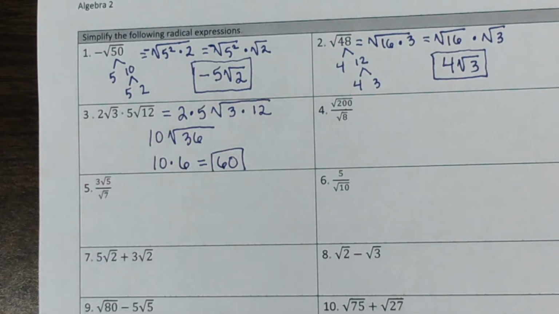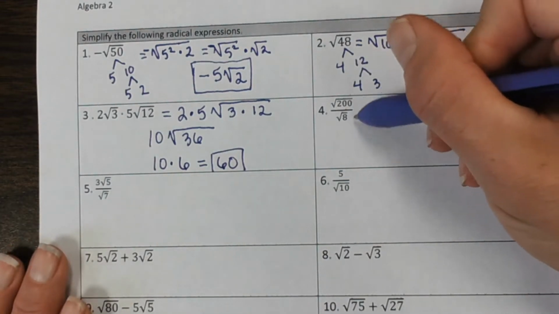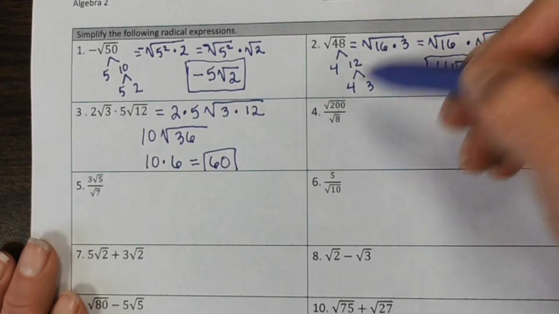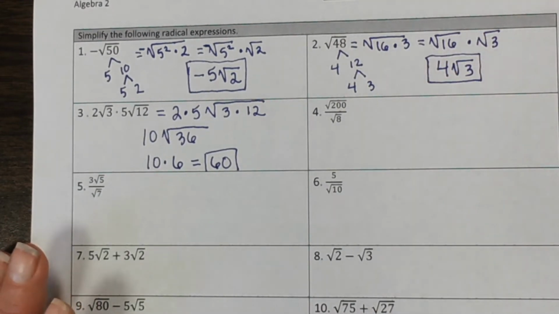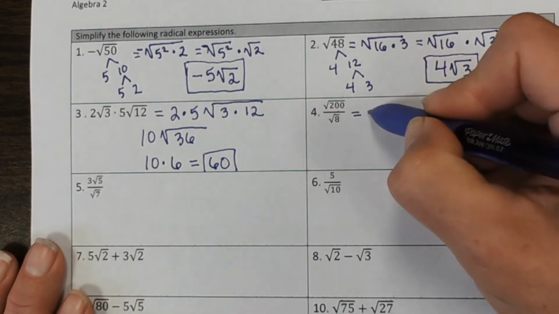Okay, so over on the other side, we talked about that sometimes when you have square roots that are divided, it's helpful to have them split up like this. But sometimes it can be helpful to put them under one radical to see if they simplify.